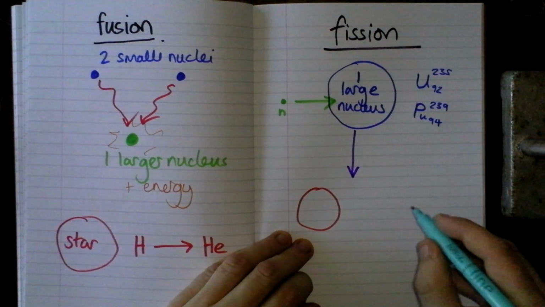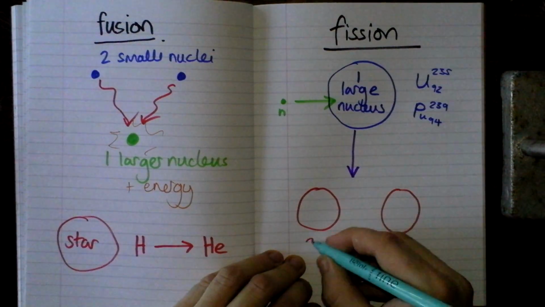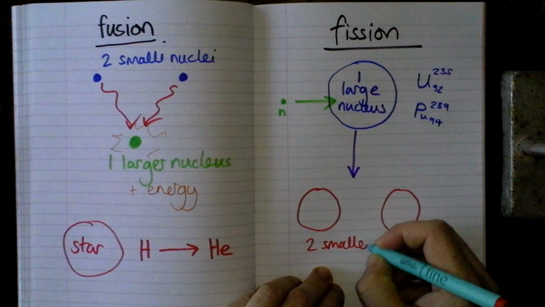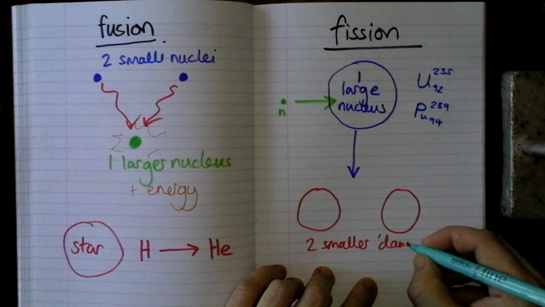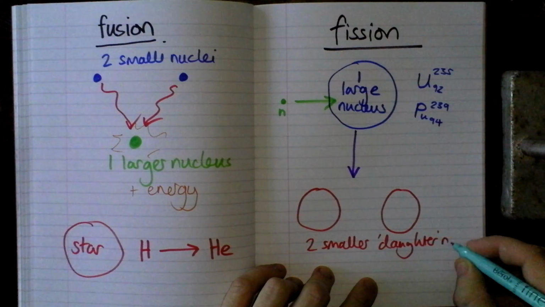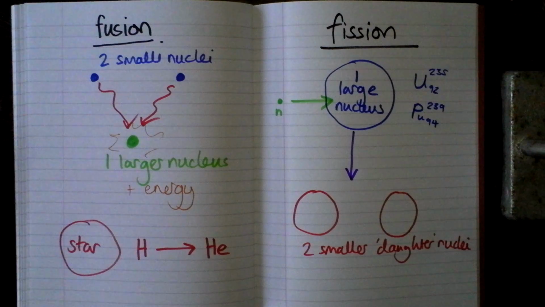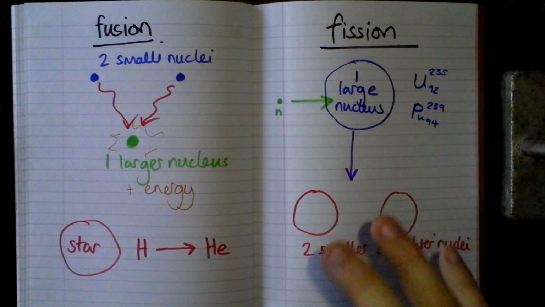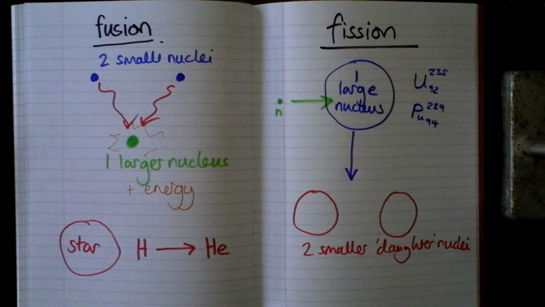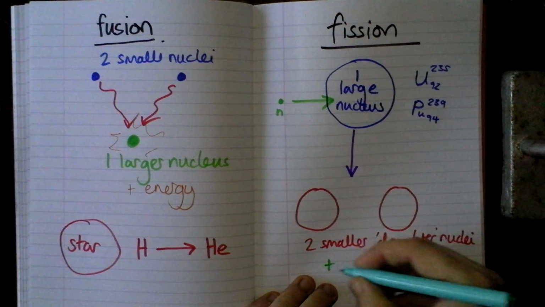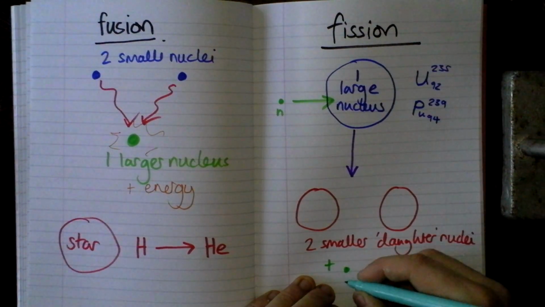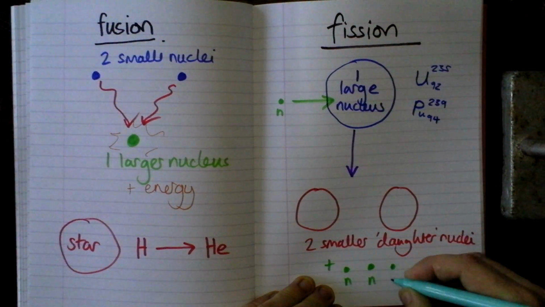And it will split into two smaller, we'll call them daughter nuclei. So out of one very, very large nucleus, 235 different particles in there, it will split into two smaller nuclei. And it will also chuck out some neutrons, 2, possibly 3 neutrons.